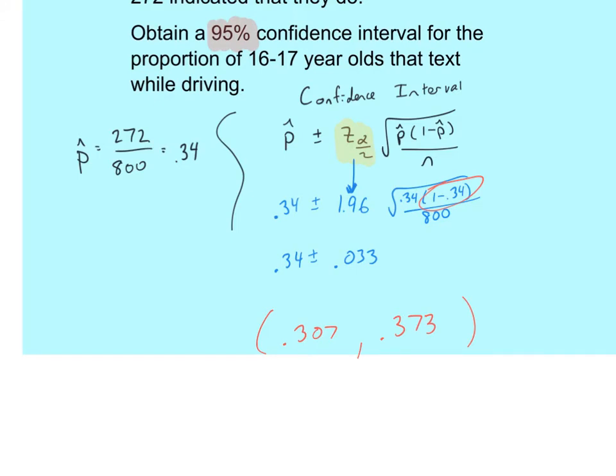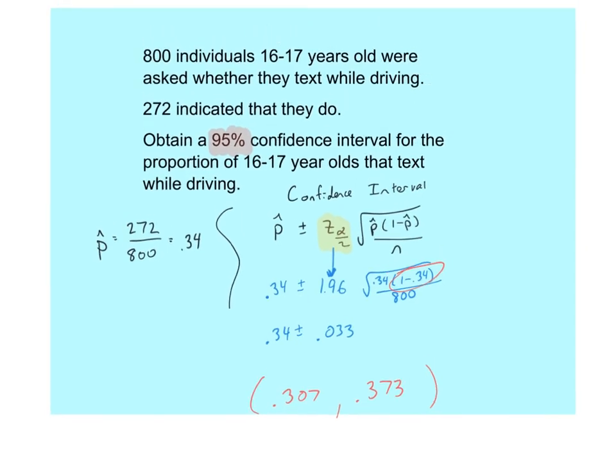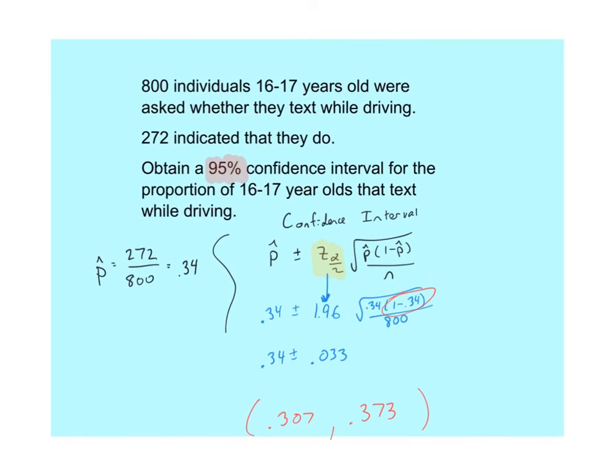So what that means is that, and I'm not going to write this out, but I will with a later example, between 30.7 or 31% and 37.3 or 37% of the population of 16 to 17-year-olds text while driving. We're 95% confident that the population parameter is between those two numbers. There's a 5% chance that it's lower or higher, but a 95% chance that that's what is representative of all the 16 to 17-year-olds.